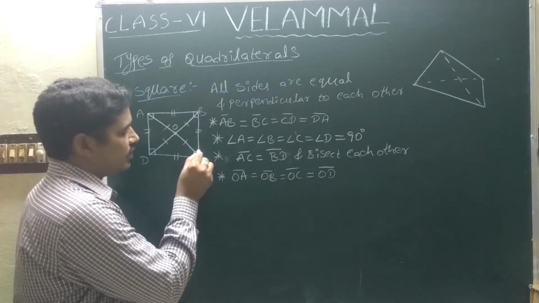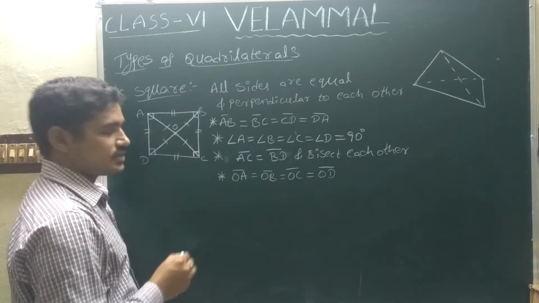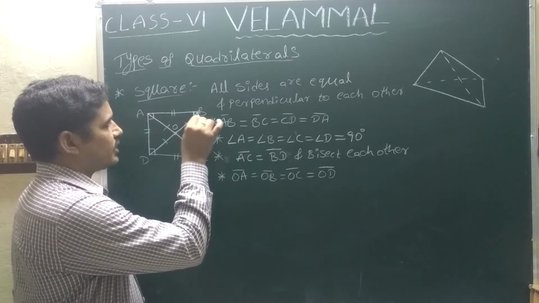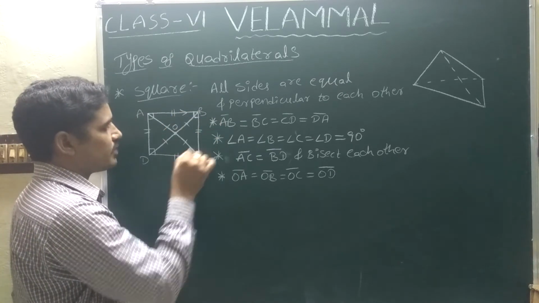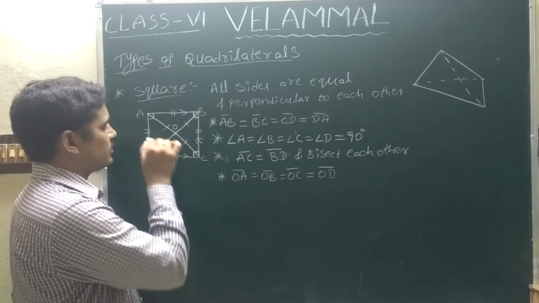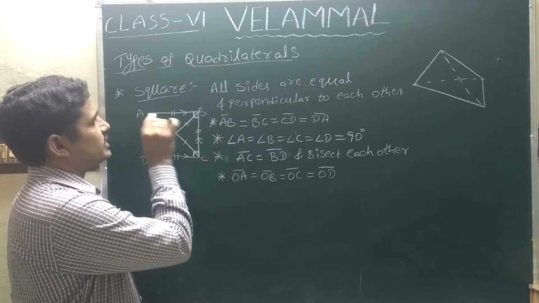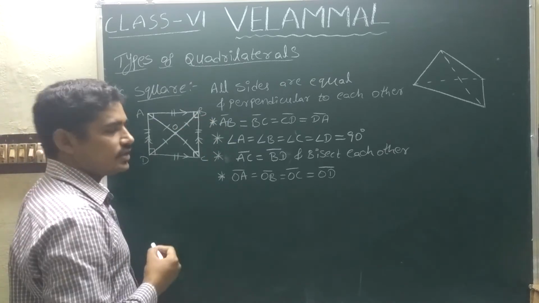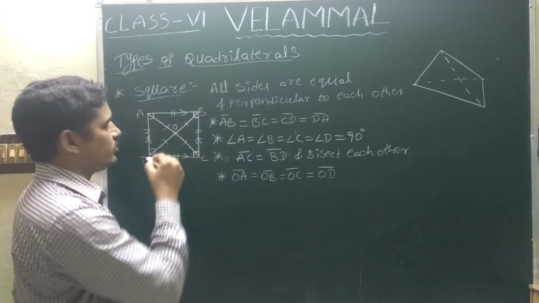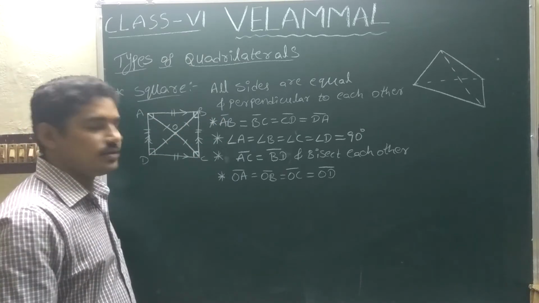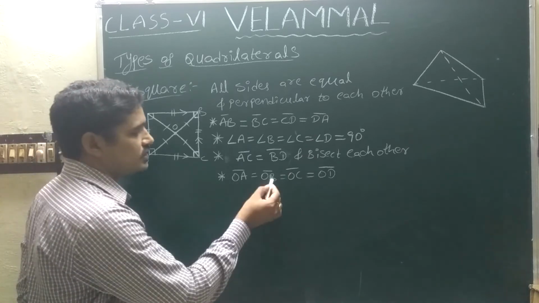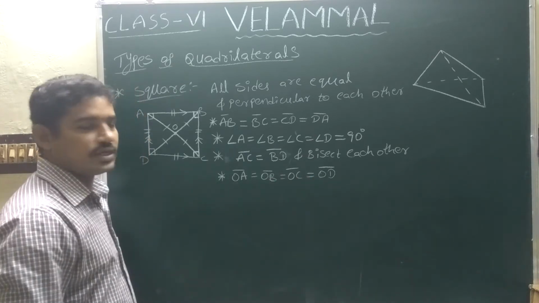And whenever we say 90 degrees here and 90 degrees here also, automatically we can say opposite sides are parallel to each other. That means AB is parallel to CD and BC is parallel to AD. Opposite sides are parallel.